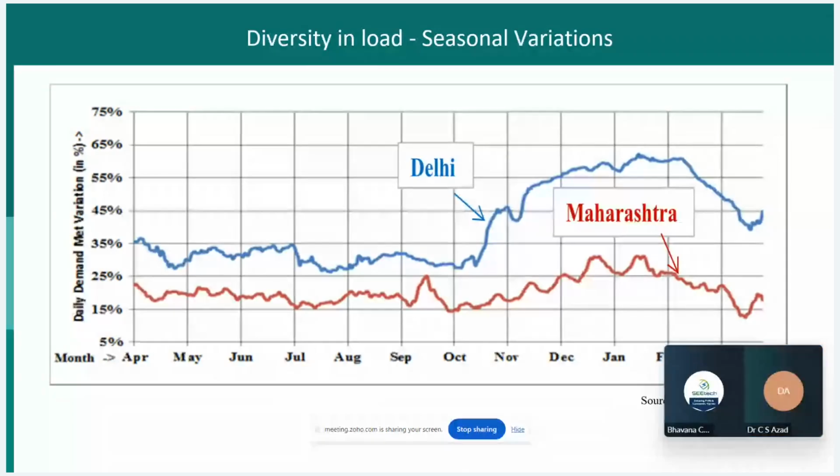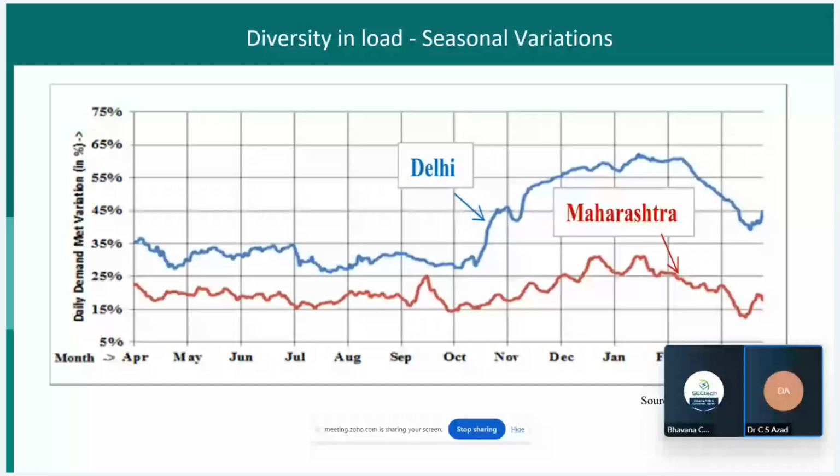And this diversity in load and seasonal variation is also there. For example, in Delhi, we have summer and we have winter. So these loads may vary according to that requirement.